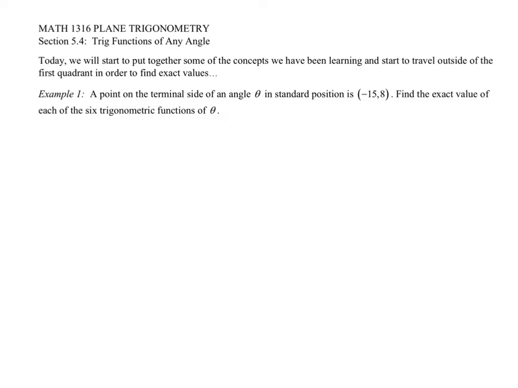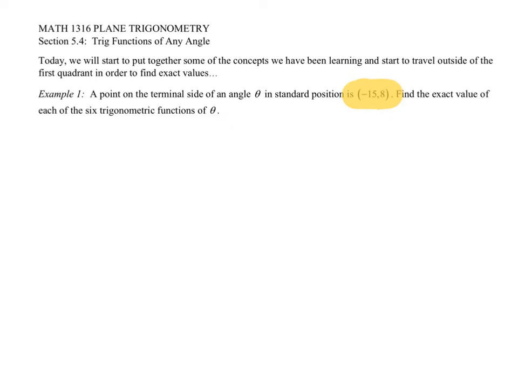Okay, so example 1, we have a point on the terminal side of an angle theta in standard position at the point (-15, 8). So (-15, 8) is the point on the terminal side of the angle.